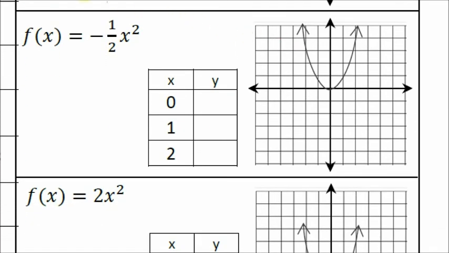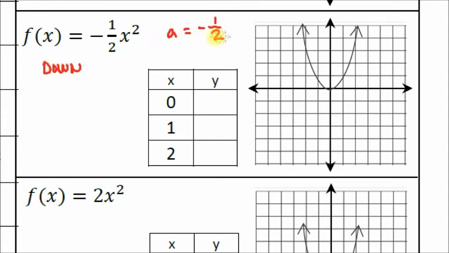What happens if A is equal to -1/2? So I'm going to say A here is -1/2. We should know from our table that if A is -1/2, that means A is negative. That means our graph is going to be facing down.